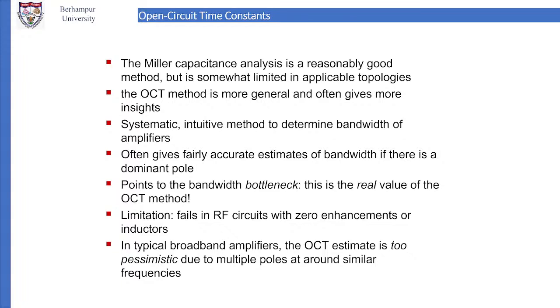I hope you understand what is meant by a pole. If we take Av equal to Vout by Vin, we can express it in terms of a polynomial, which can be expressed as the ratio of two other polynomials.